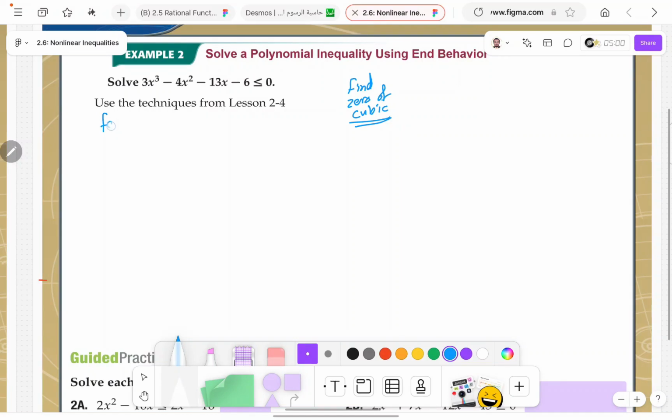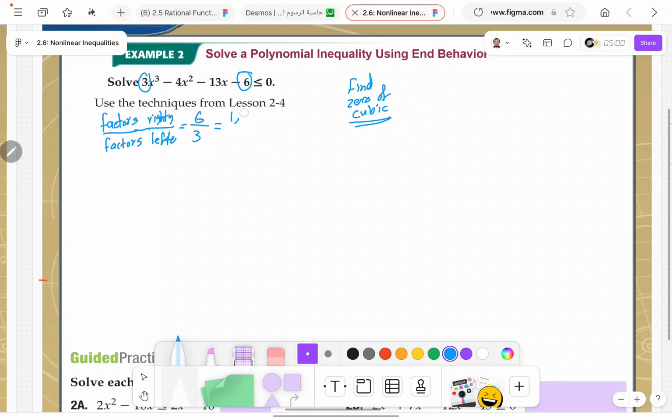How to find the zero of a cubic? We use factors of righty over factors of lefty. What is the righty value? What's the lefty value? The righty value is 6, the lefty value is 3. So what are the factors of 6 and what are the factors of 3?